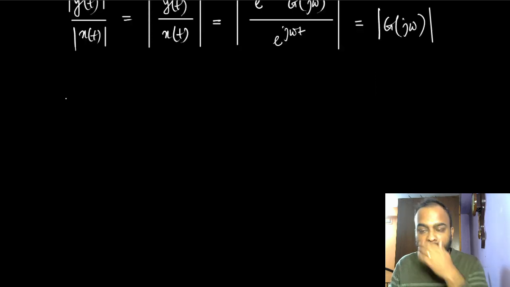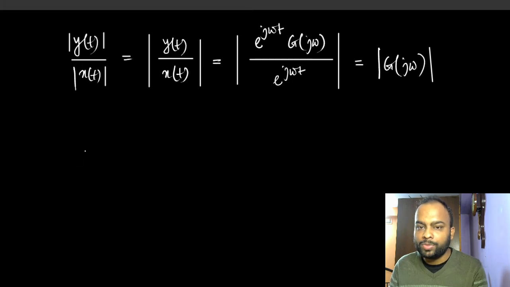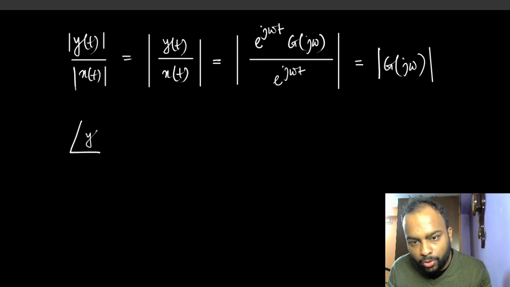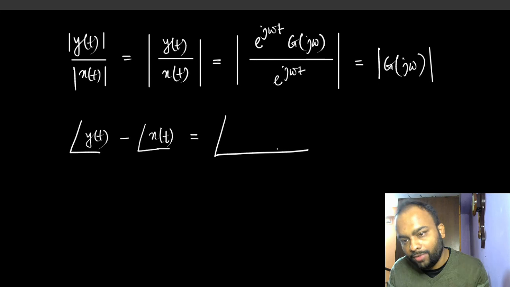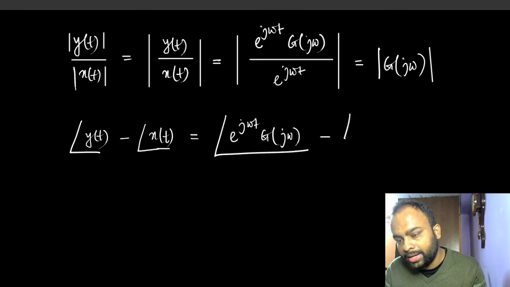And when we calculate the difference between the phase angles of the output and the input, of course they are sinusoids, so they can be considered phasor quantities. If I calculate the difference between the phase angle of the output and the input, we are considering the input to be the reference phasor here. So we are calculating the phase angle of the output with respect to the input. That would be the phase angle of the output signal, which is e to the power j omega t times G(j omega), minus the phase angle of e to the power j omega t.